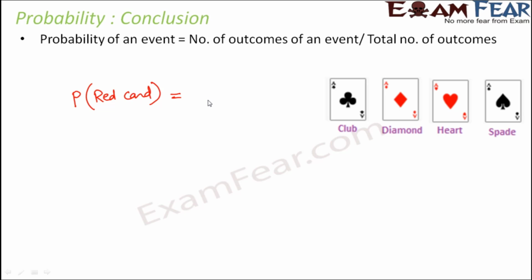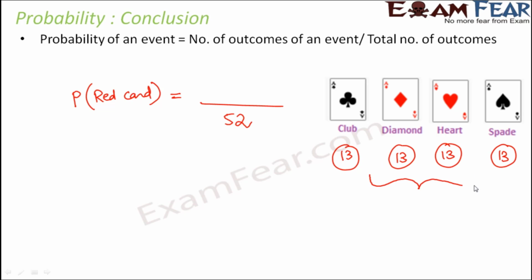So in this case, what is the total number of possibilities with 52 cards? The total number of possibilities is 52. And how many red cards do we have in that pack of 52 cards? As we have discussed before, we have 4 types of card and the number of each type of card is 13. So in total how many red cards do we have? We have 13 plus 13, that is 26 red cards.